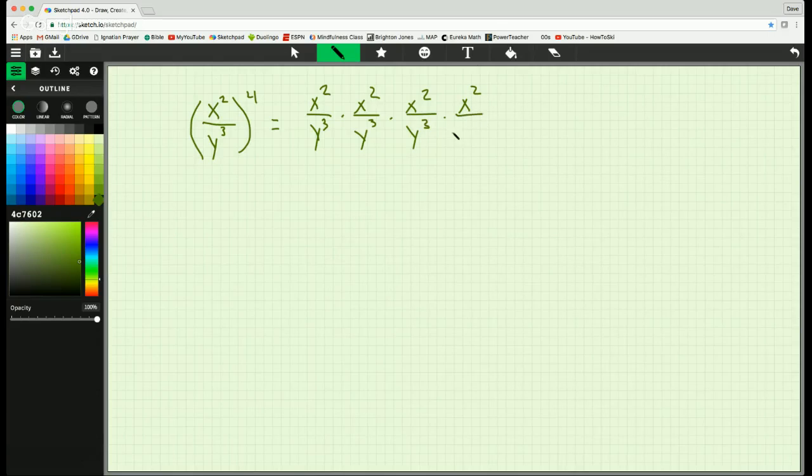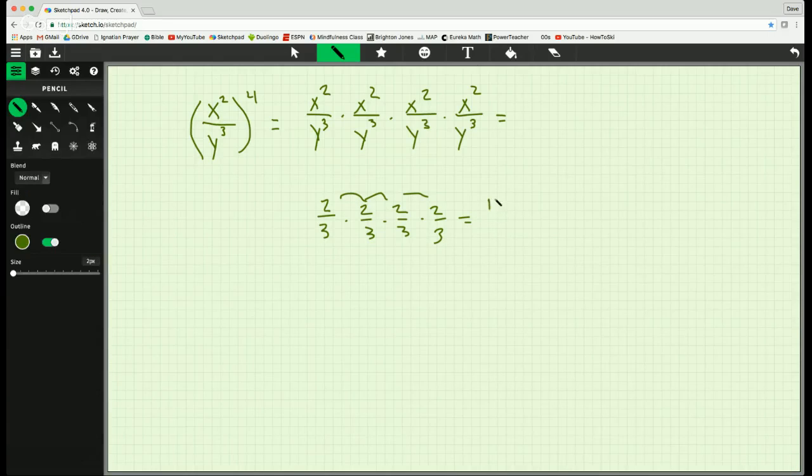Remember, if we just multiply a simple fraction 4 times, what do we do? Well, we multiply those numerators, and we get 16. And we multiply those denominators, and we get 81.